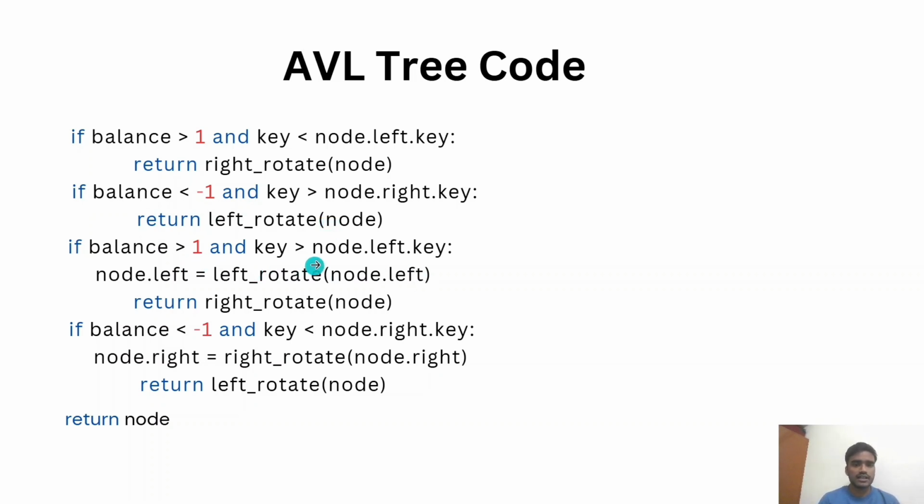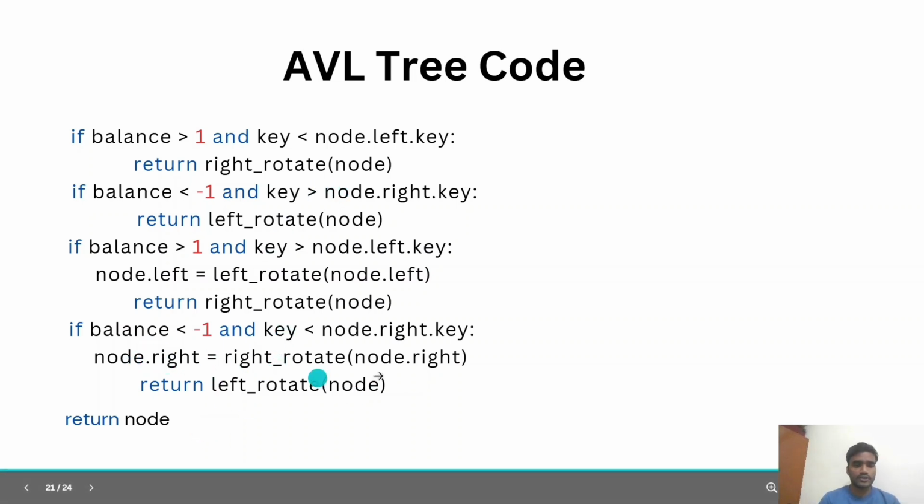Similarly, when an LR rotation is needed, the balance factor will be greater than 1 and the key value will be greater than the left value, so it is on the right side, and it will do LR rotation. In the next part, it will do RL rotation. And finally, after the calculation, it will return the node.